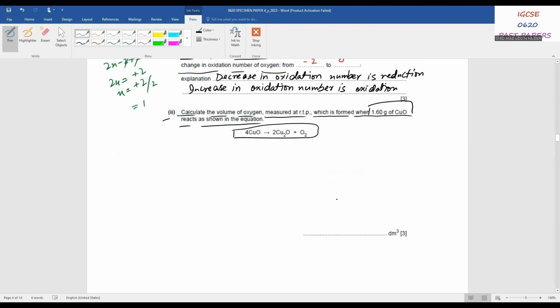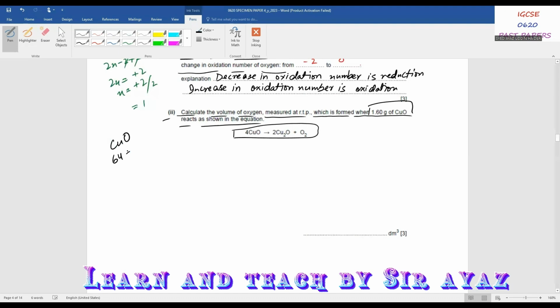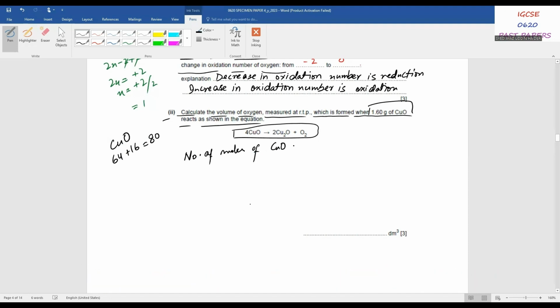So the Mr of CuO will be, we know copper 64 and oxygen 16, so we'll get 80. So the number of moles for CuO will be 1.60 divided by 80. You will get 0.02 moles.